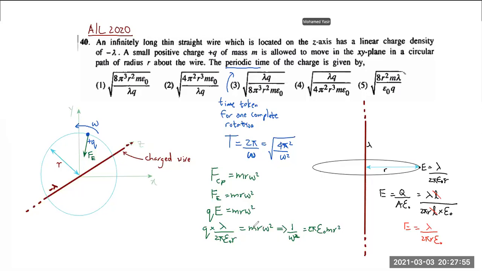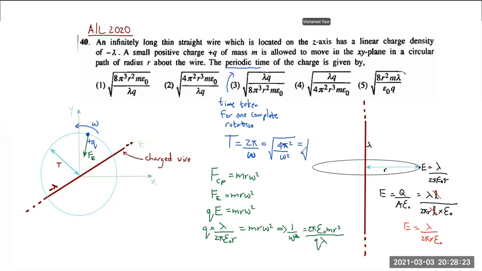M and r I'm not changing. 2 pi epsilon naught r goes up, so 2 pi epsilon naught m r into r squared, divided by Q into lambda, which will come down. Then we have our answer. This is the value for 1 over omega squared, and then I'll substitute that here.